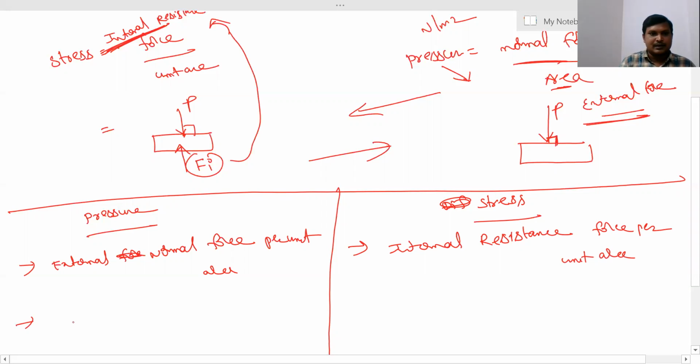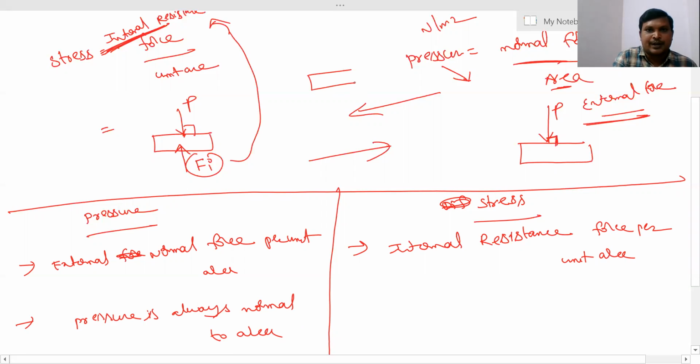And second one: pressure is always normal to area. So when there is a force in a normal direction, only then do we call it pressure. For example, if you take this body and the force acts at some inclination, some angle to the area, that is not called pressure. So pressure is always normal; this external force is always perpendicular to the area.